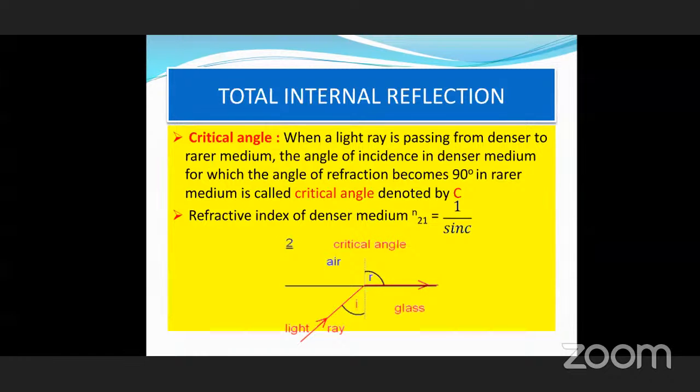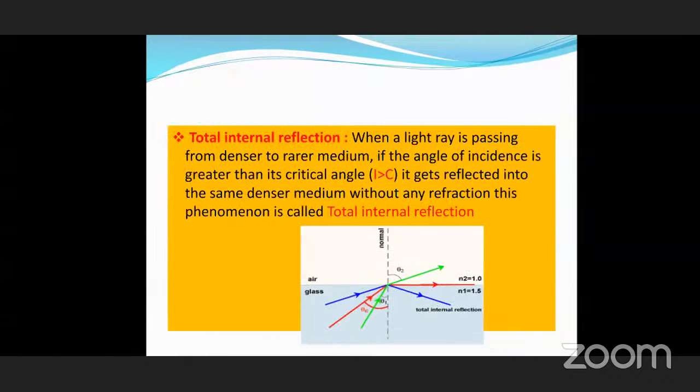Now, let us see what total internal reflection is. After the definition, I will start. When a light ray is passing from denser to rarer, if the angle of incidence is greater than the critical angle, what happens?